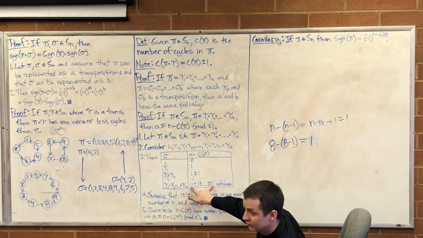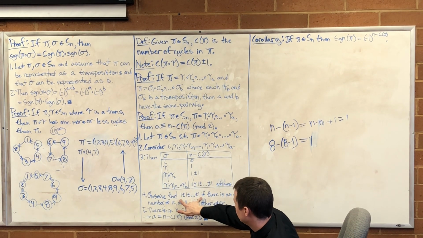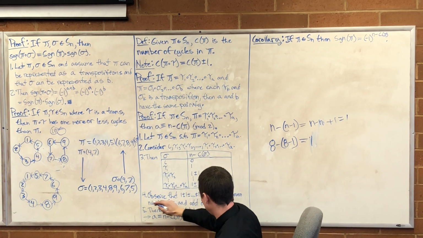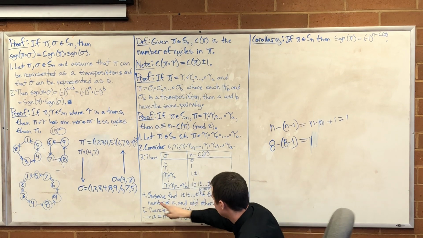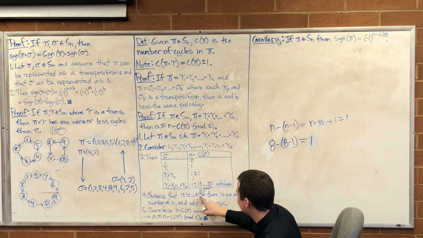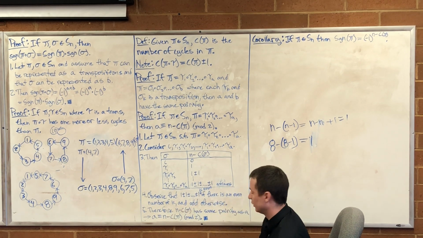Okay? Now, observe that this is even. So observe that 1 plus or minus 1 plus or minus 1 plus or minus 1 and so on is even if there is an even number of ones and odd otherwise.